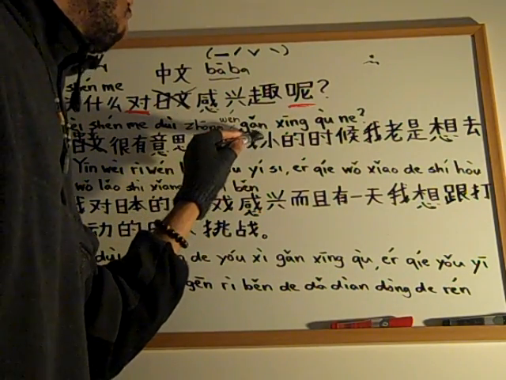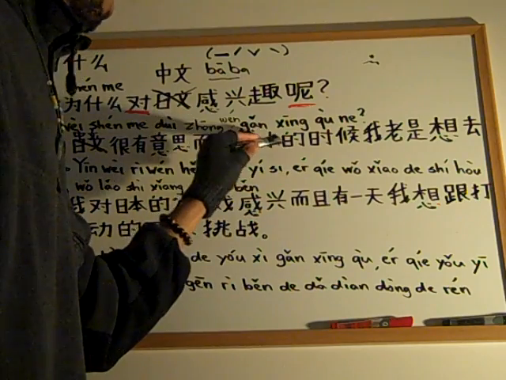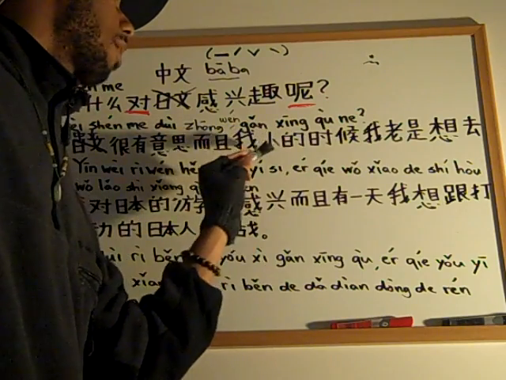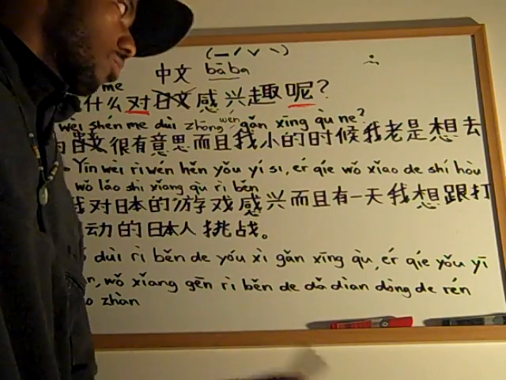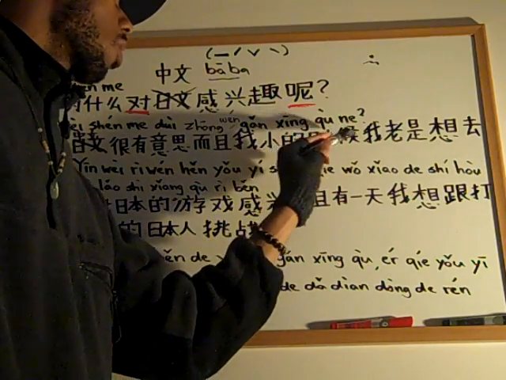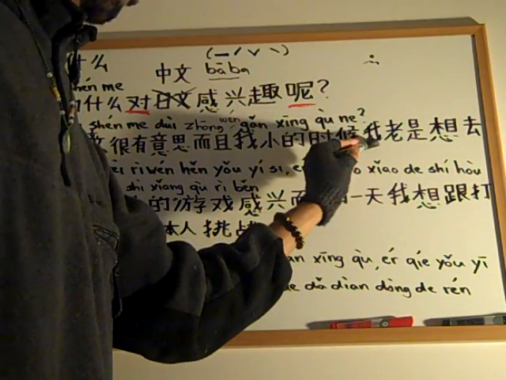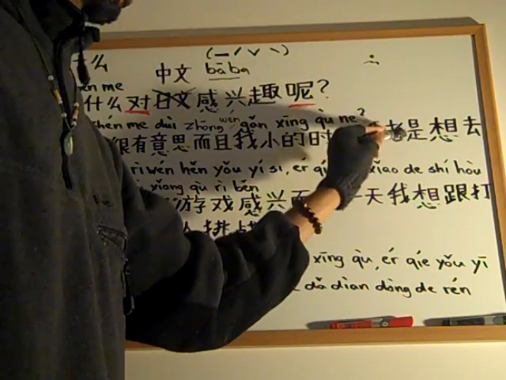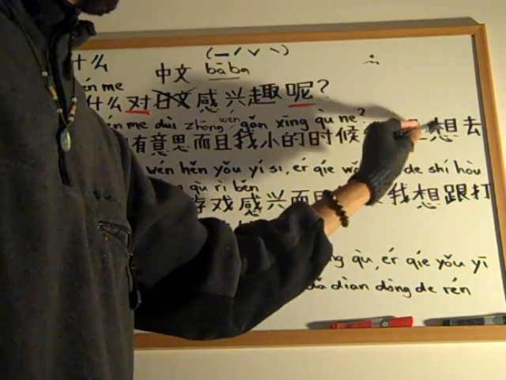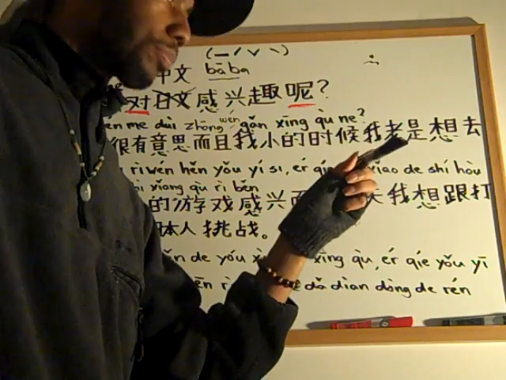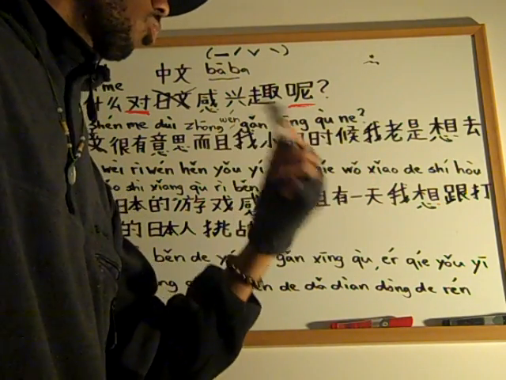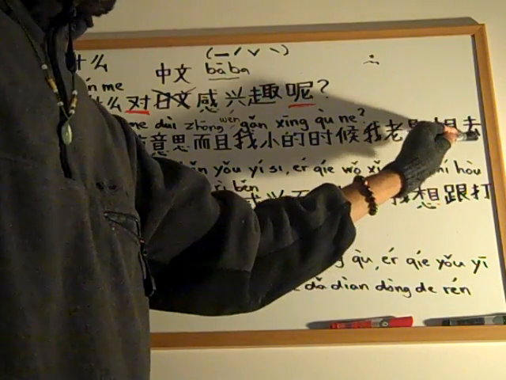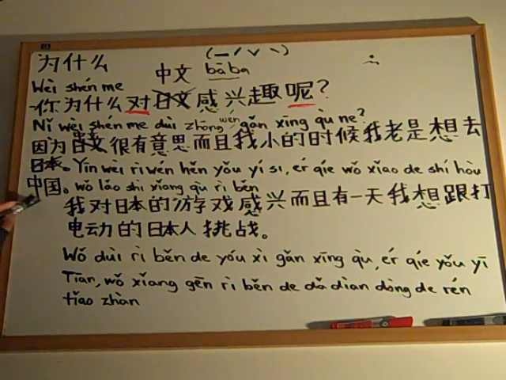我 小 is small. 小的时候, but in this context when you say 我小的时候 that means when I was small, when I was a child, when I was younger. 我小的时候我老是, again 我 is I or me. 老是 this means always. 老是想, the 想 that means like wanted. You would want to do something. 想去 that means go, and 中国 that means China.